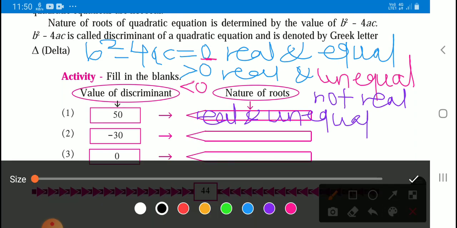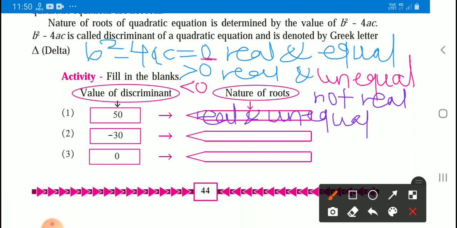Okay. Now the next value is negative 30. So the nature of the roots is not real. And it is exactly 0. So the nature of the roots is real and equal.